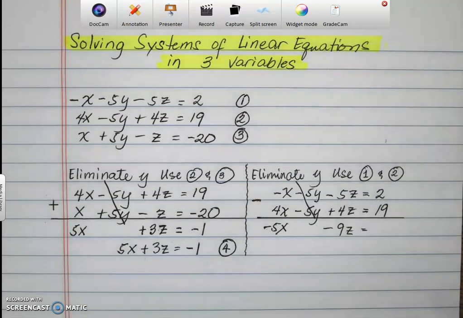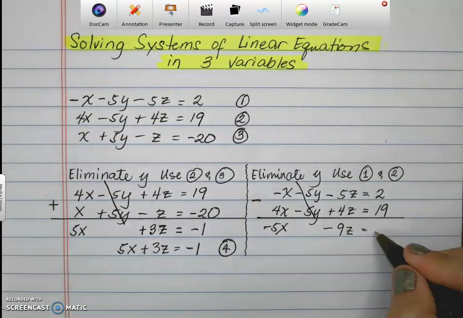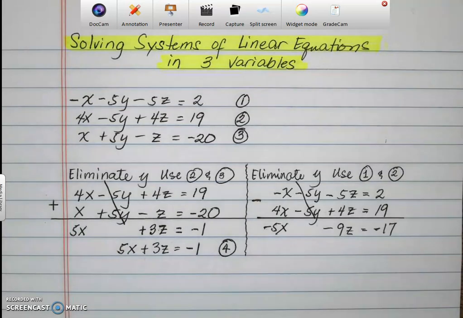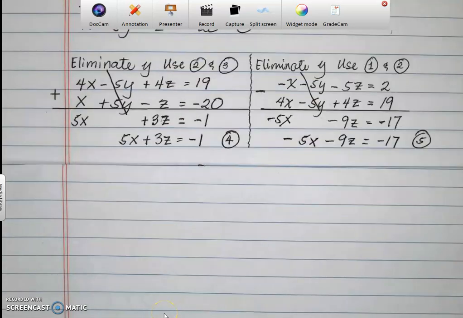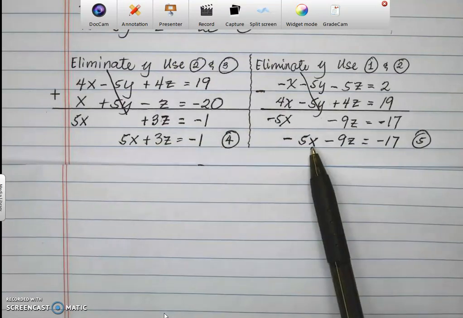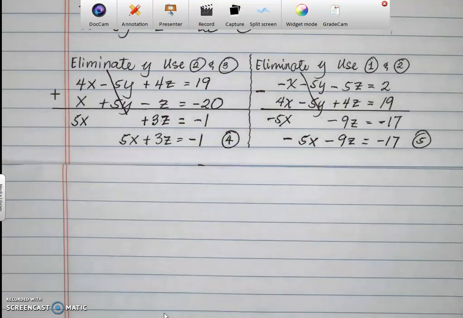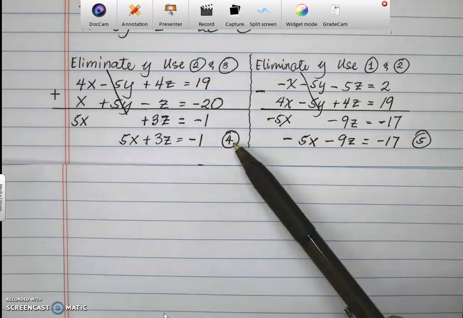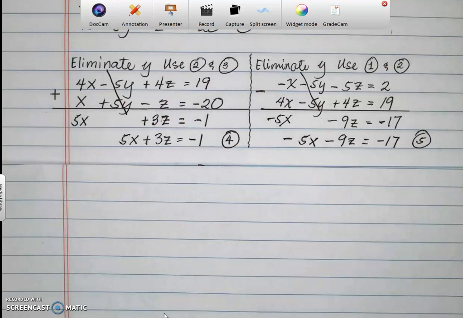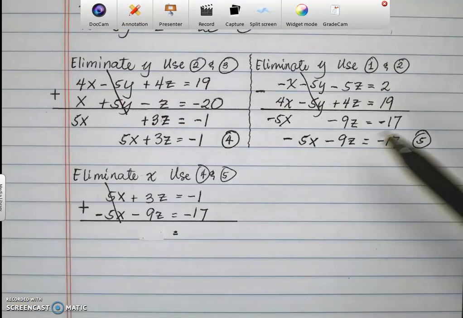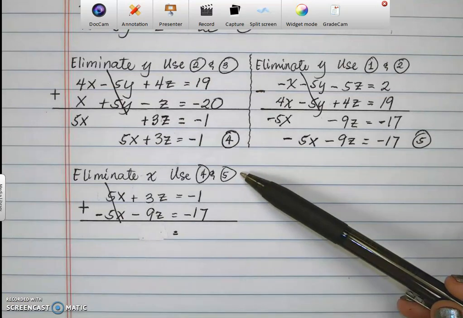And then 2 minus 19 is negative 17. Let's just fix this. All right. I want you to notice that the negative 5 here and the positive 5 here are additive inverses. And so what we're going to do is to use equations 4 and 5 in order to eliminate the x by adding. All right, so I'm eliminating the x using equations 4 and 5.